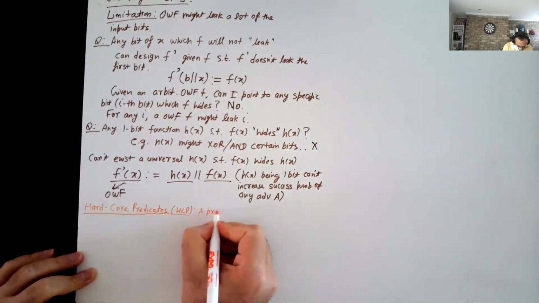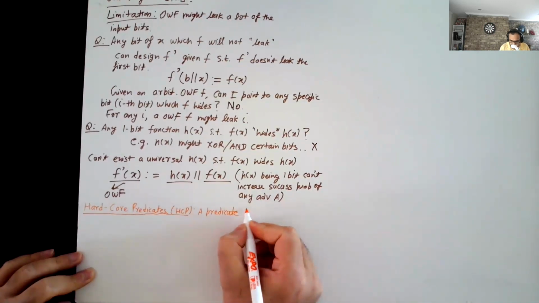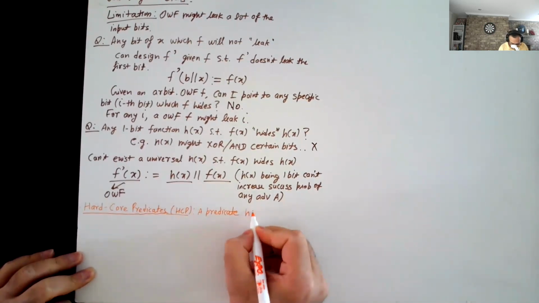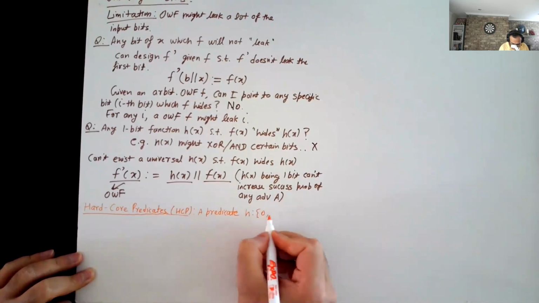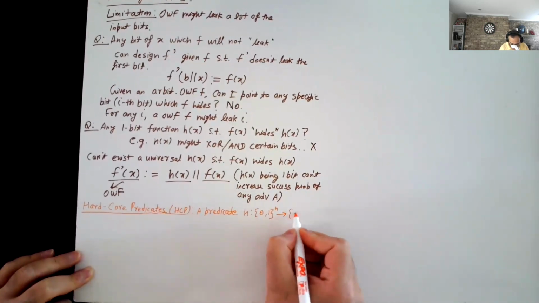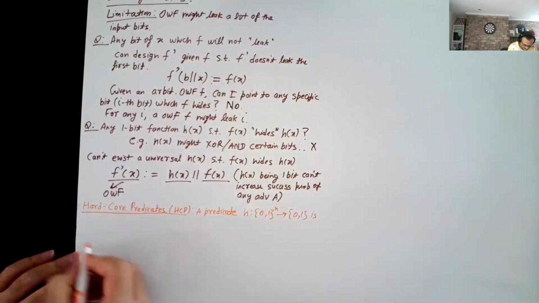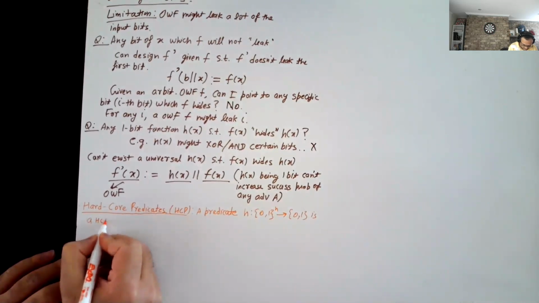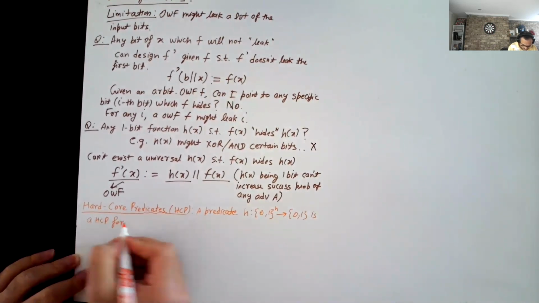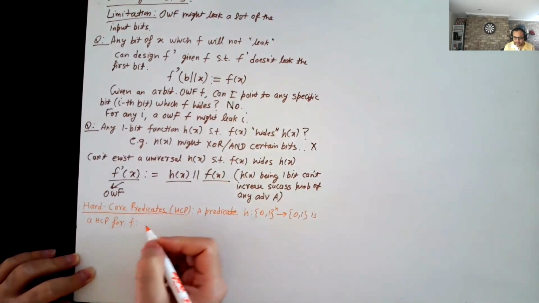So a predicate H, which takes an n bit input and gives you a single bit as output, is a hardcore predicate for a function f. Again, this is a one-way function.